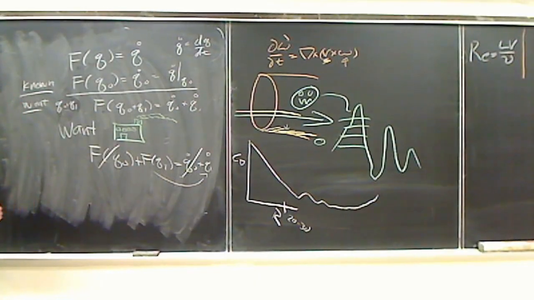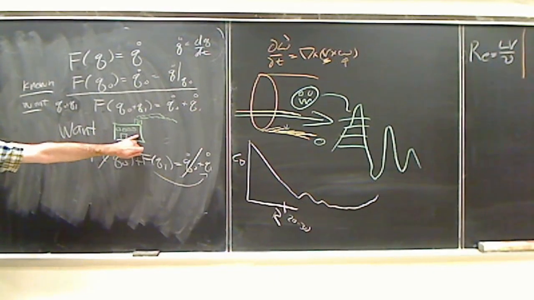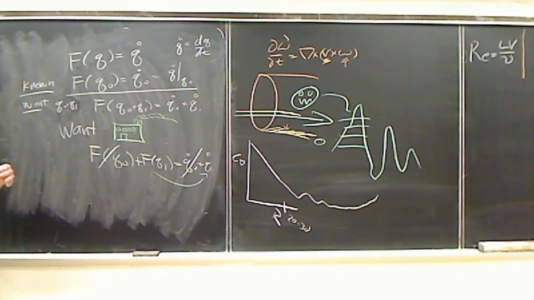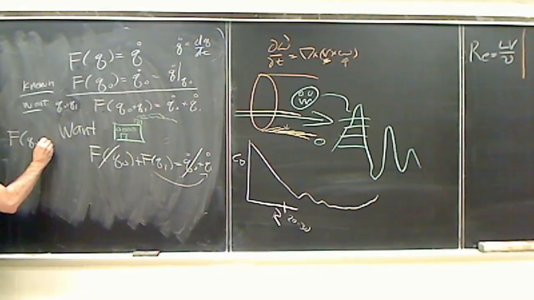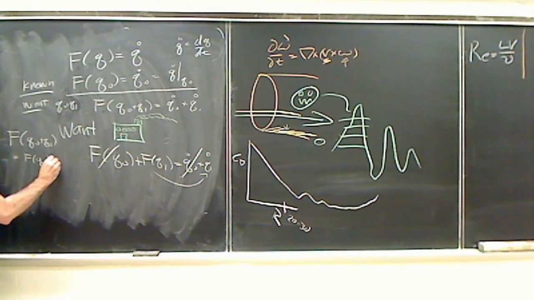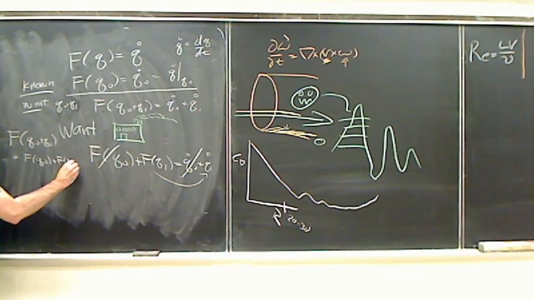So basically, I know some solution, and I want to know what solutions are that are close to that solution, so I'm going to do a Taylor series. But the Taylor series is in here, so I'm just skipping a step and saying what I want to get to. You usually can't say that f of q naught plus q1 equals f of q naught plus f of q1.